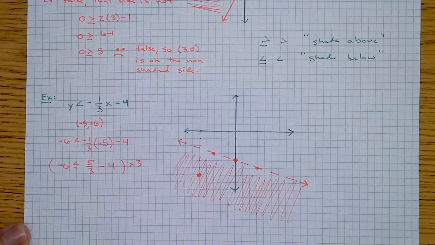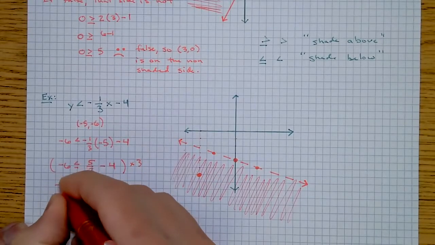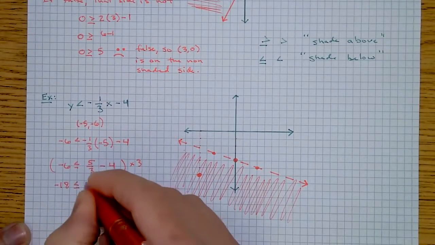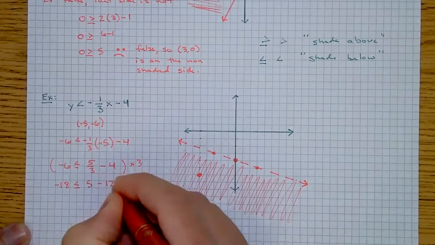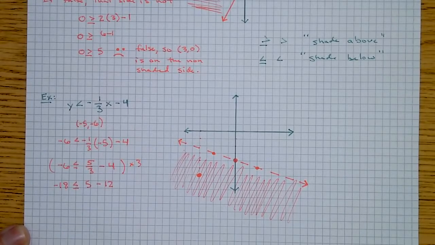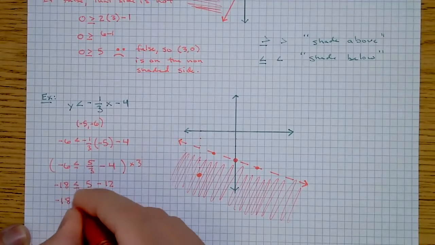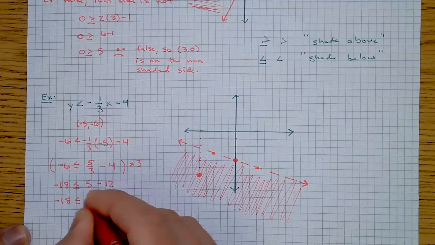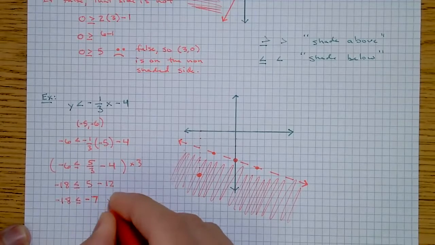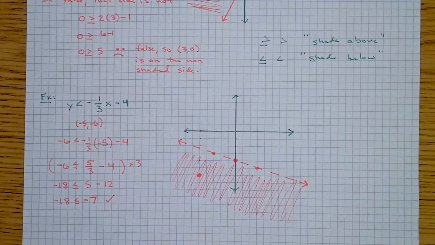I'm going to multiply the whole thing by 3 so I can get rid of the fraction. So I end up with negative 18 is less than negative 7, which is true. So that point should be in the shaded region, which it is.